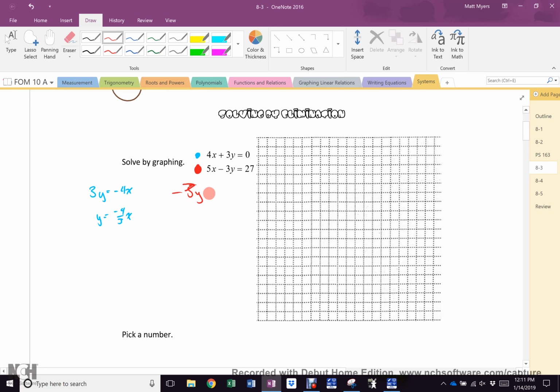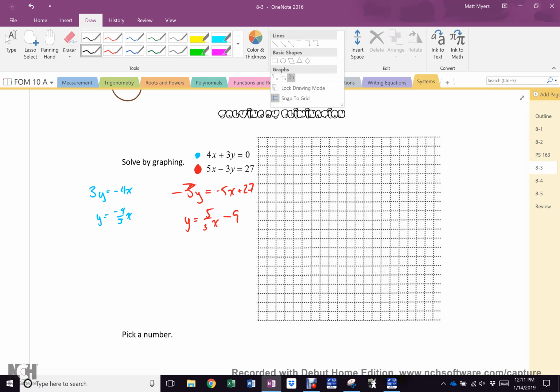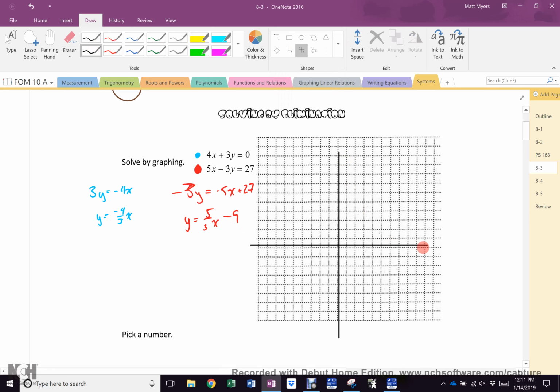Negative 3y equals negative 5x plus 27. Y equals, not negative anymore, 5/3 x minus 9. And then, of course, you would graph them. And once you graph them, you will see that, of course, they cross, and we get a solution. The blue line is 1, 2, 3, 4, 1, 2, 3.